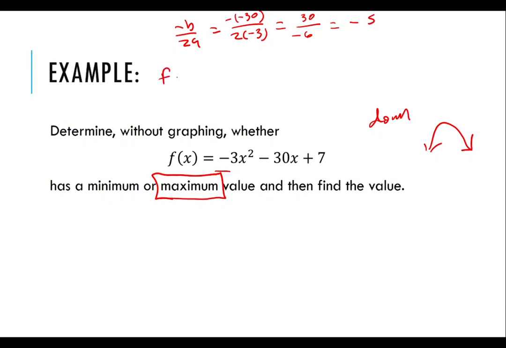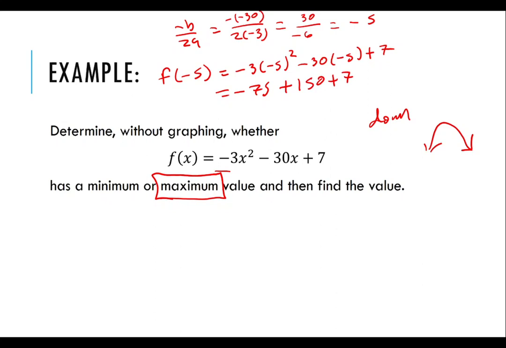So then to actually find that maximum value, we need to calculate f of -5. f of -5 is -3 times -5 quantity squared minus 30 times -5 plus 7. -5 quantity squared is 25. 25 times -3 is -75. Then we have -30 times -5, which is positive 150, plus 7, and that's going to give me positive 82.